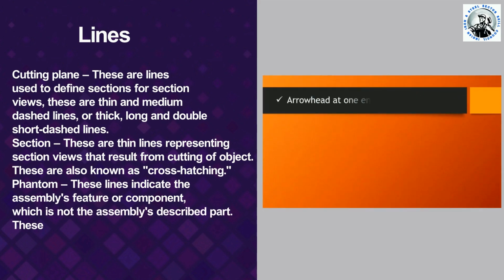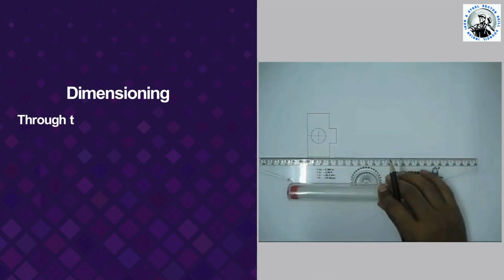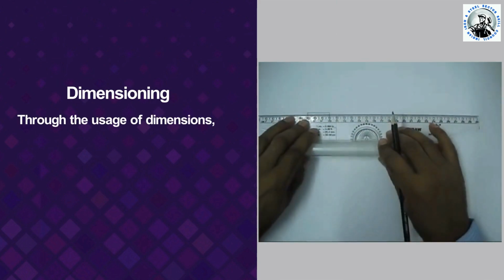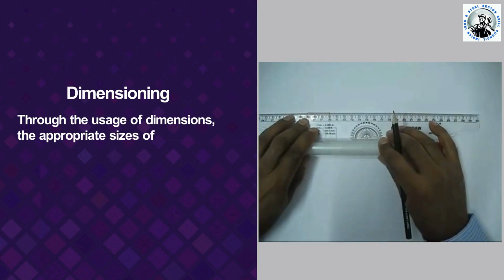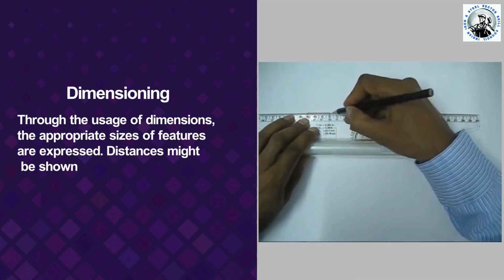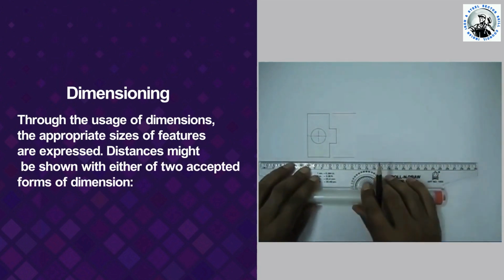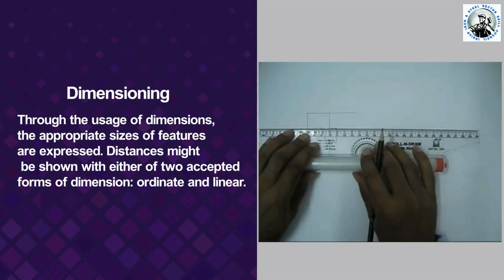These lines are alternatively long and double short dashed, thin in shape. Dimensioning. Through the use of dimensions, the appropriate size or features are expressed. Distance might be short with either of two accepted forms of dimensions, ordinate and linear.